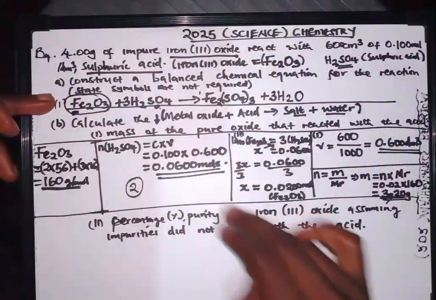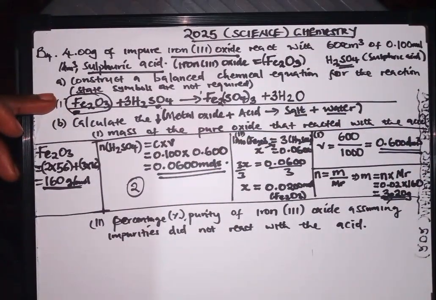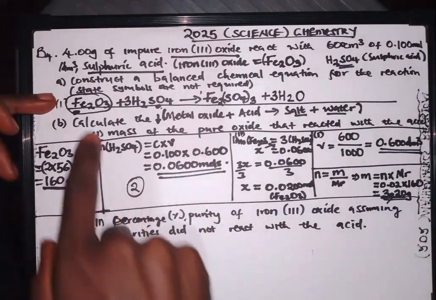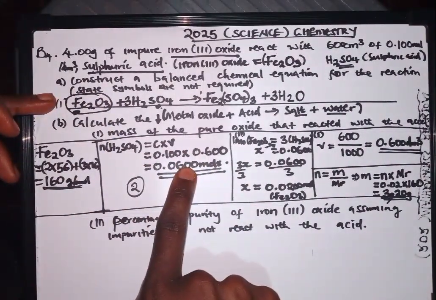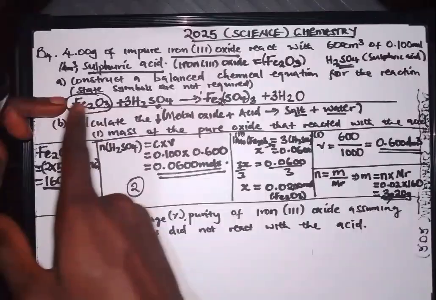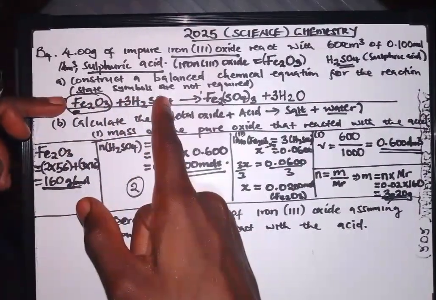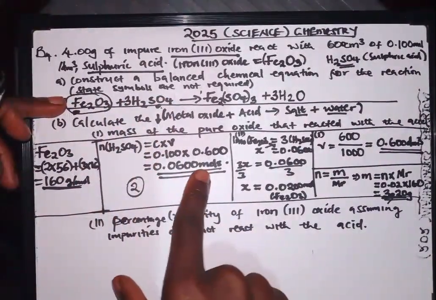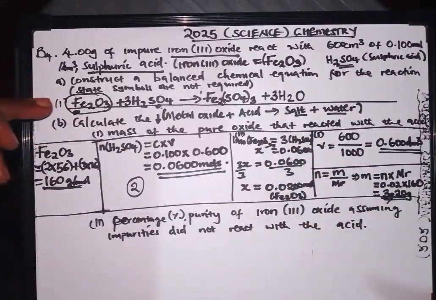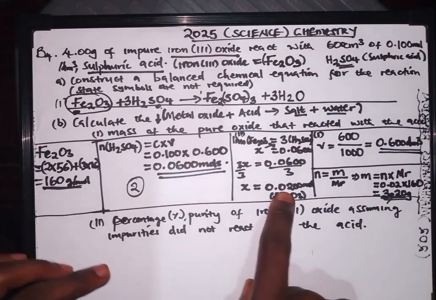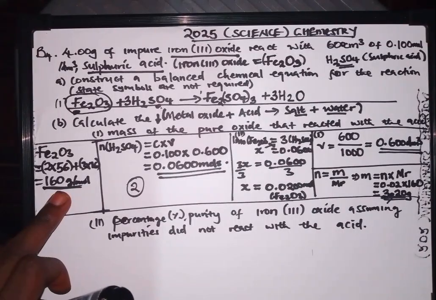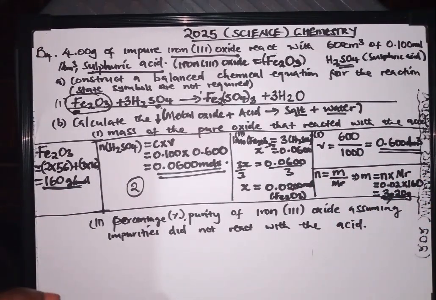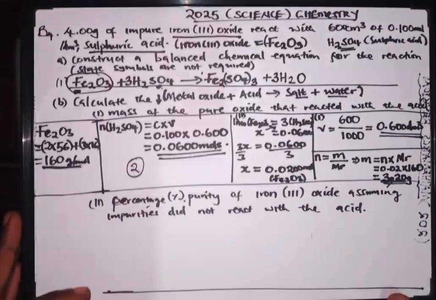Then you can calculate now the number of moles for iron which reacted with these moles. Because the equation has given us the part of the moles, then we use this to calculate the other moles. Then after I've calculated the moles, you can now calculate the molar mass. Then you punch it in the equation. So the final part is simple.